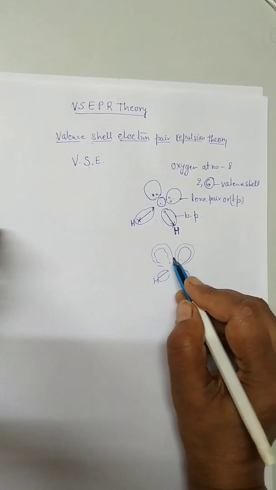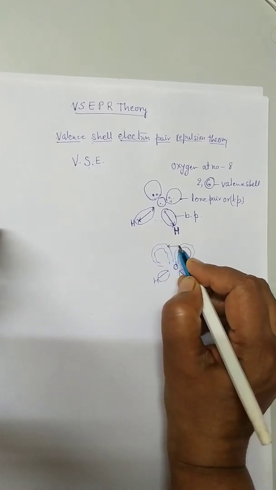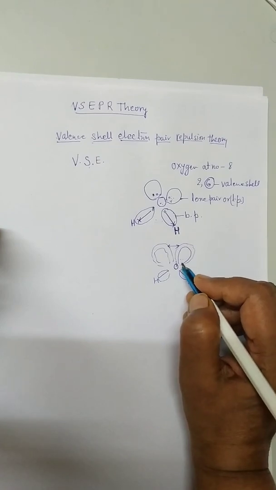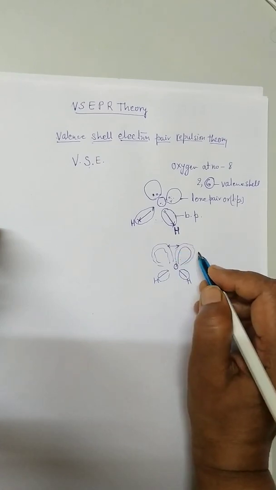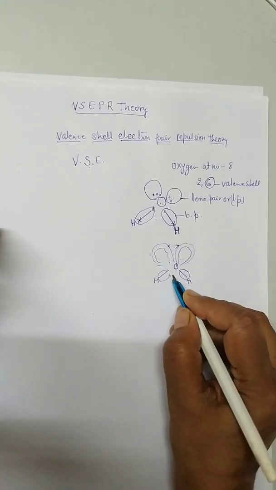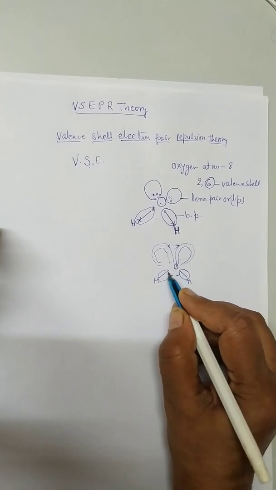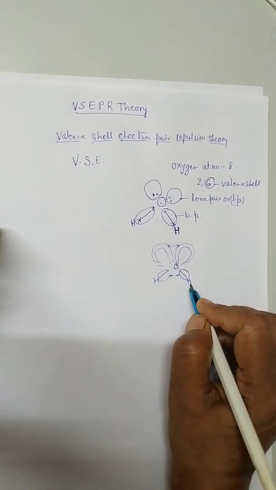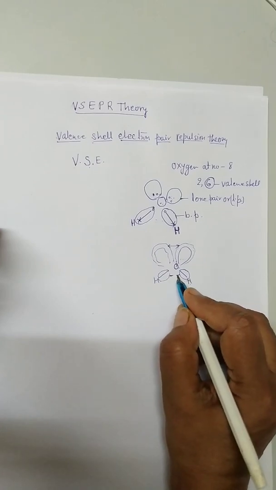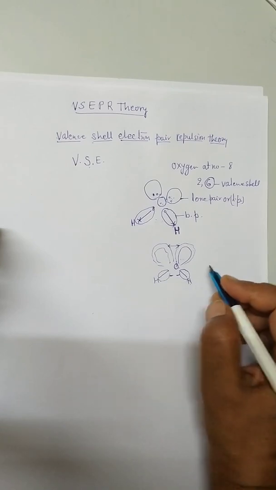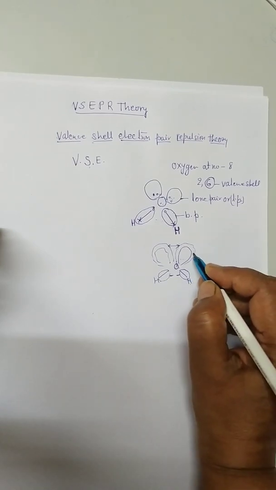So the lone pairs, spread to a larger area, have maximum repulsion. And these bond pairs are localized under the influence of the two nuclei, oxygen and hydrogen, so they have repulsion but less repulsion, lesser than the lone pair.